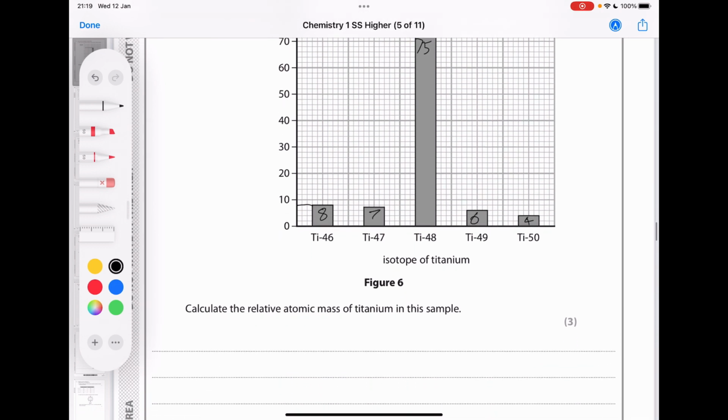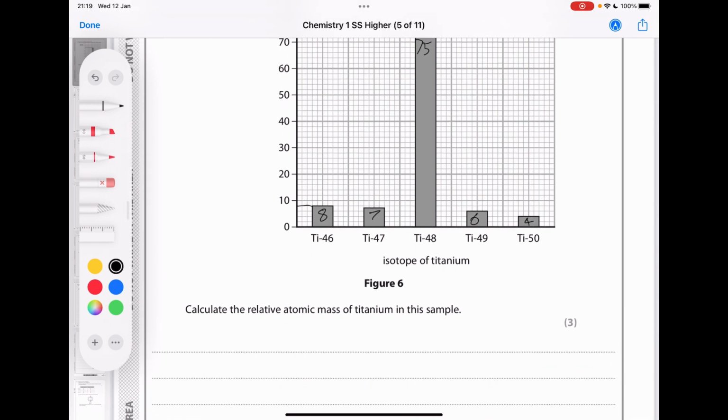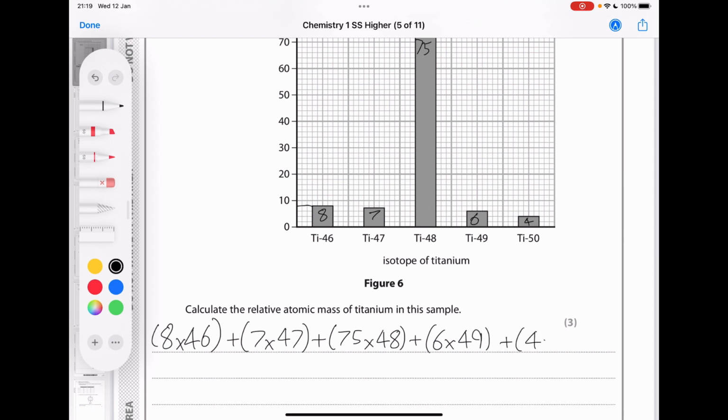Then I need to multiply the abundance of each isotope by their mass. So I need to do 8 times 46 plus 7 times 47 plus 75 times 48 plus 6 times 49 plus 4 times 50.